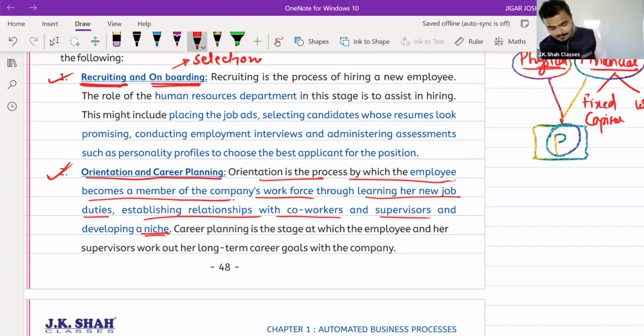Second most important thing, my dear chartered: whenever employees come into your organization, it is your responsibility to work on their career planning. So, what is career planning?